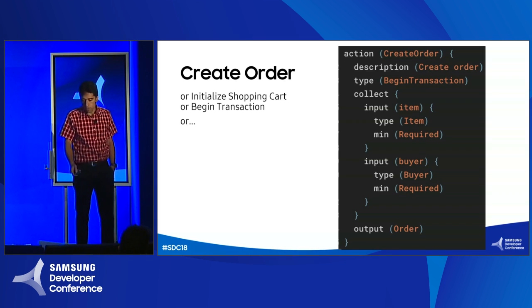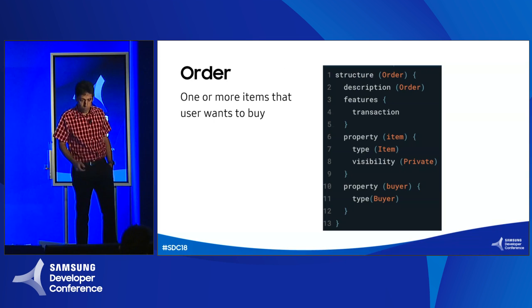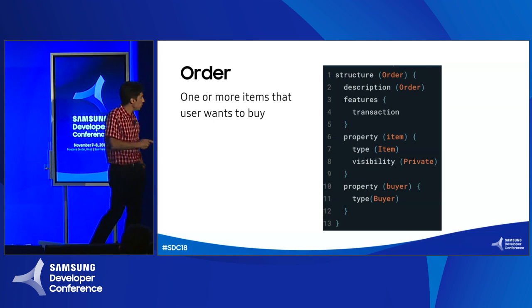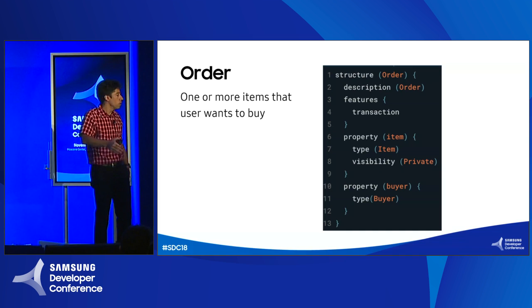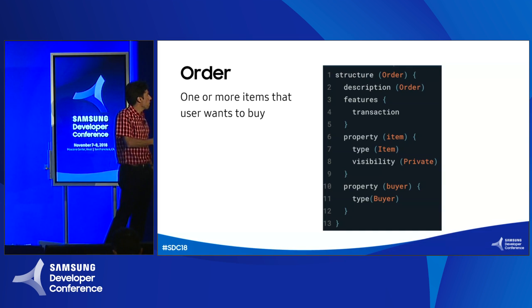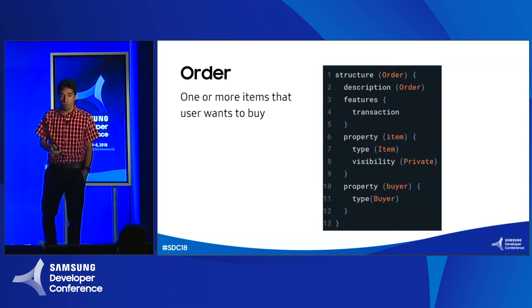Now let's look a little bit more into what an order is. The order is a transaction. We'll go into the phases of a transaction, which is basically updates and commits. And it has an item and buyer information, so pretty straightforward.